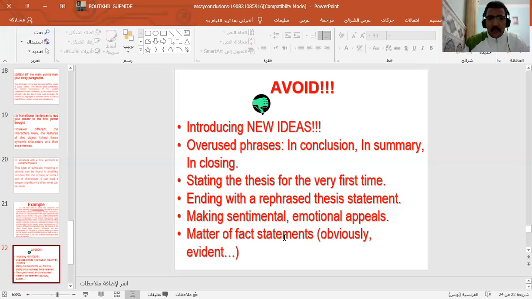Never make sentimental or emotional appeals, and never use matter-of-fact statements like, as a matter of fact, obviously, it is commonly believed, it is commonly held as a truth, and so on.